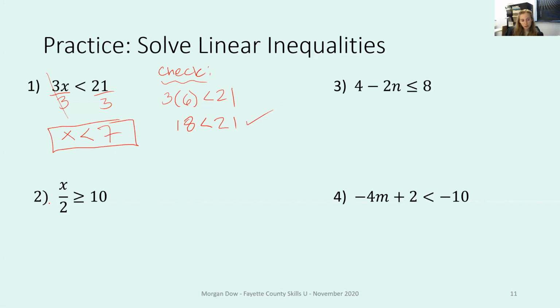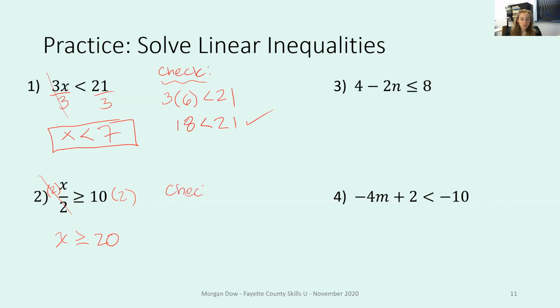All right, number 2. I've got x over 2, or x divided by 2, is greater than or equal to 10. So to cancel out that division by 2, I'm going to multiply both sides by 2. And I will have x is greater than or equal to 20. And so we can check our answer.